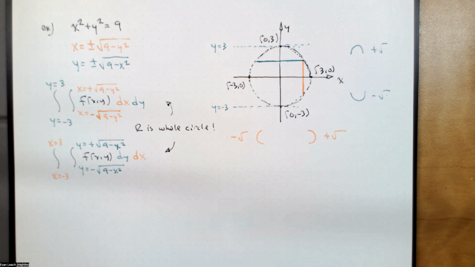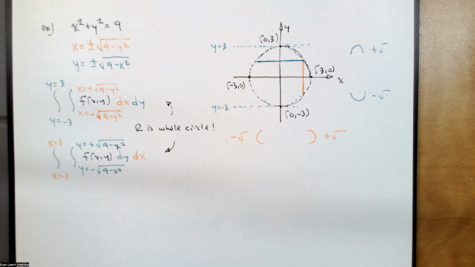Any questions? Once we get this idea, it's easy to partition out this circle.